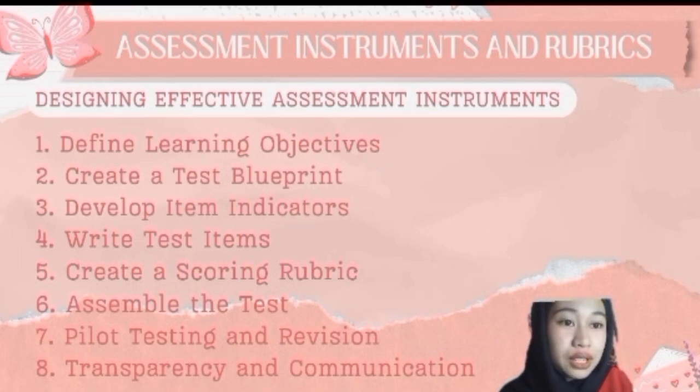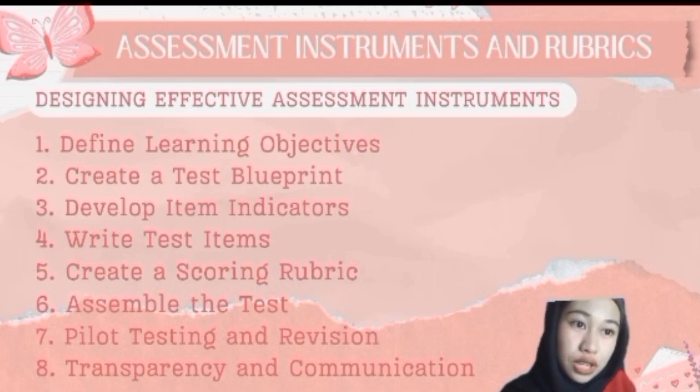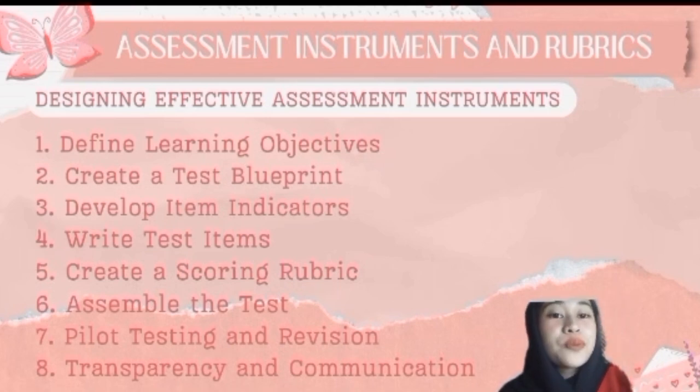6 is assemble the test. The test document is compile all items into a single test document ready for distribution to students. 7 is pilot testing and revision. Pilot testing is conduct a pilot test by comparing result with the developed rubric.